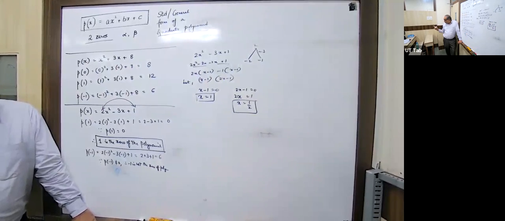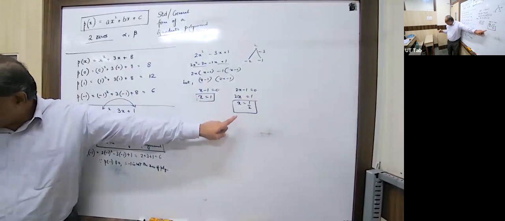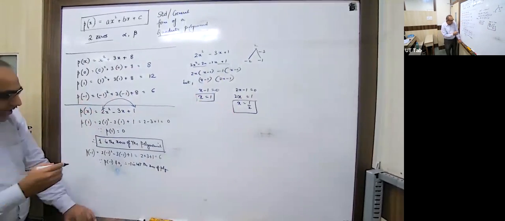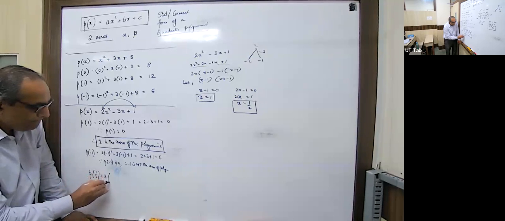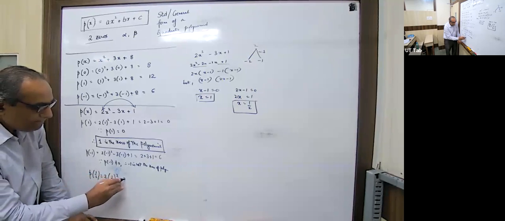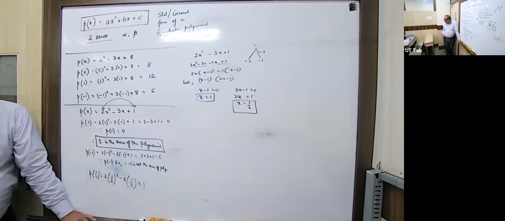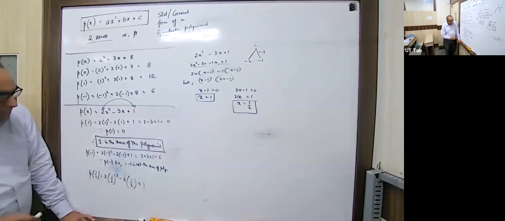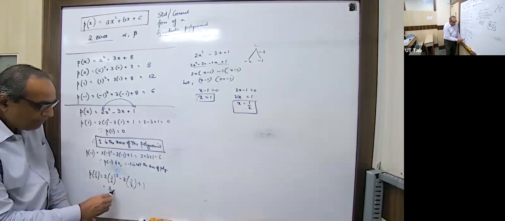As we said, it's a quadratic polynomial which will have 2 zeros. Which are the 2 zeros? 1 and half. Now let me put half and see. This will come 2 by 4.